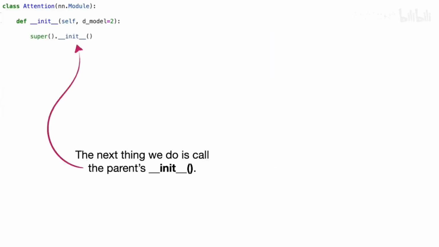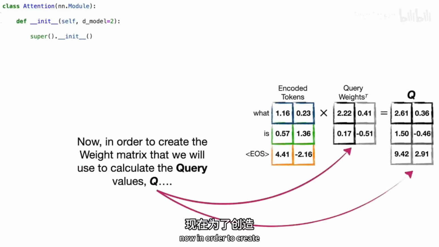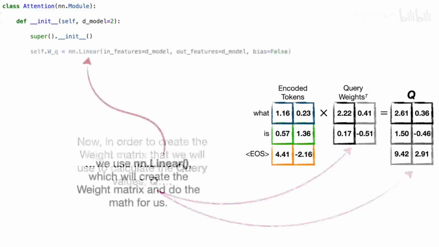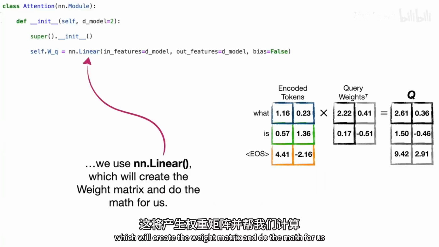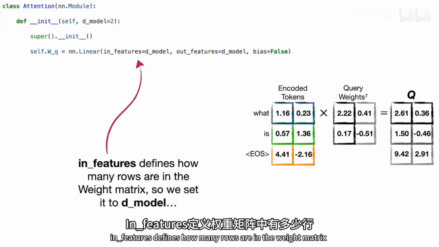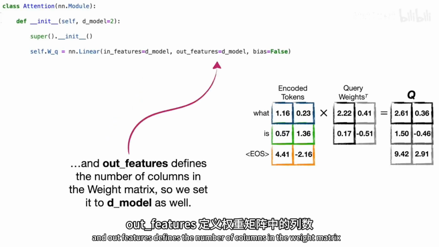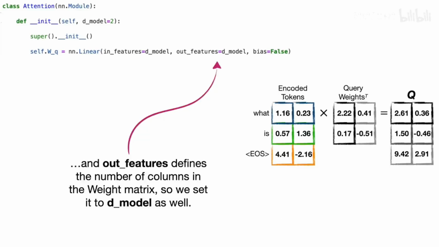Bam! The next thing we do is call the parent's init method. Now, in order to create the weight matrix that we will use to calculate the query values, Q, we will use nn.Linear, which will create the weight matrix and do the math for us. In features defines how many rows are in the weight matrix, so we set it to dModel. And out features defines the number of columns in the weight matrix, so we set it to dModel as well.